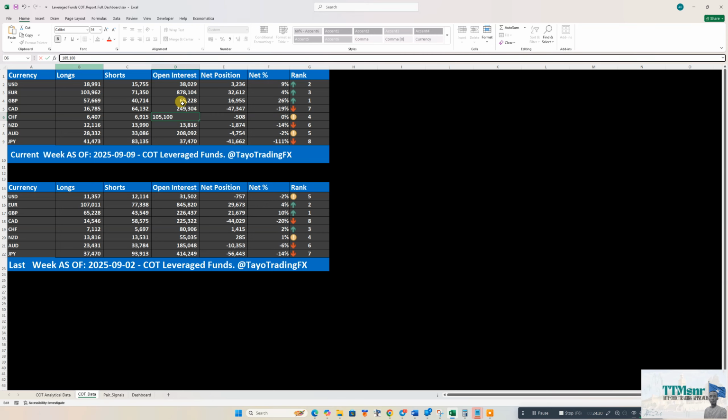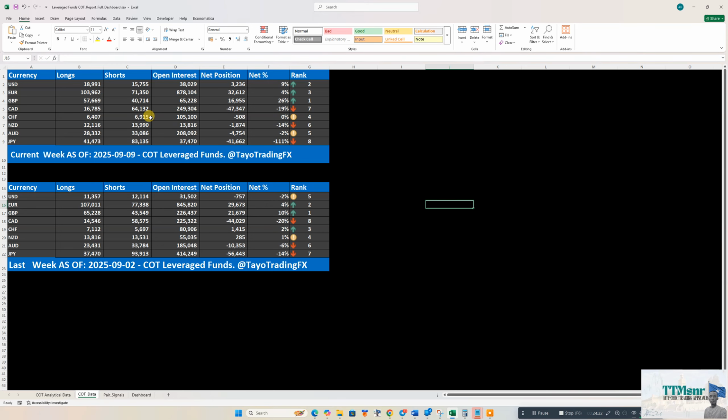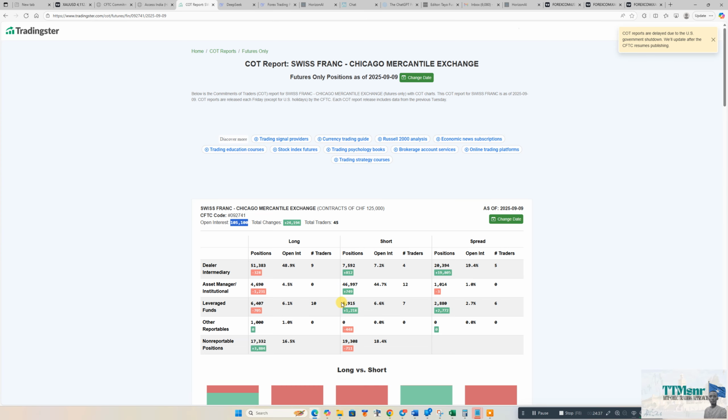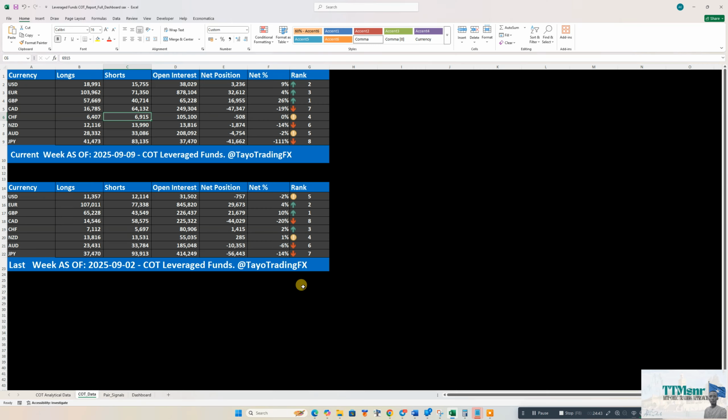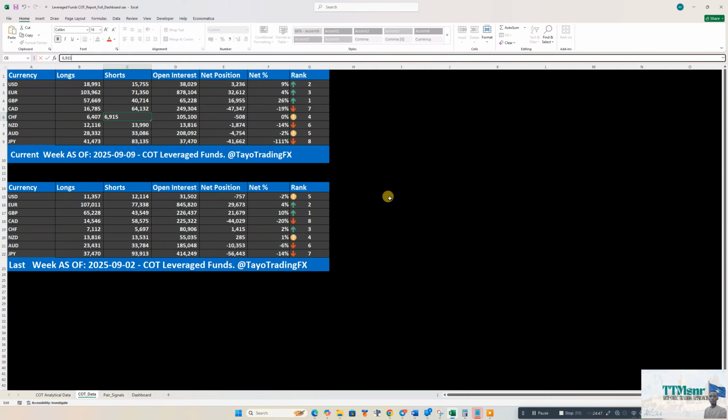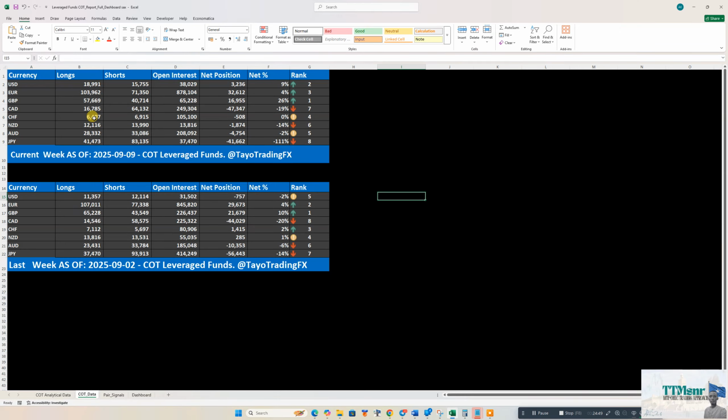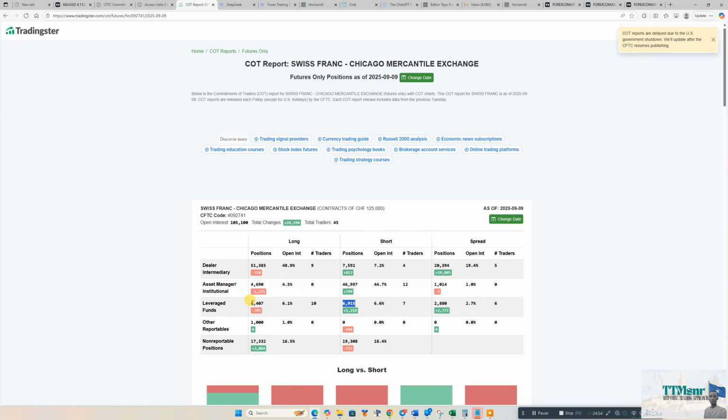Okay, this is the net open interest, and I want to have this as a short position, and this as a long position. It is right.